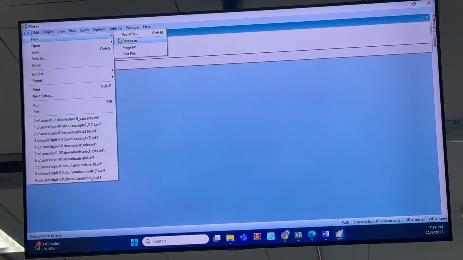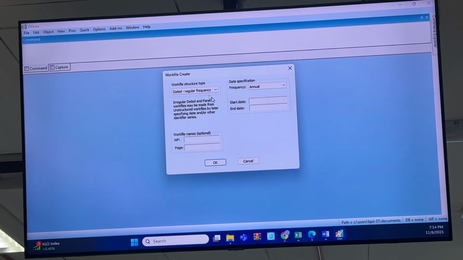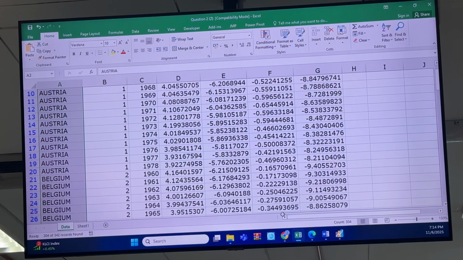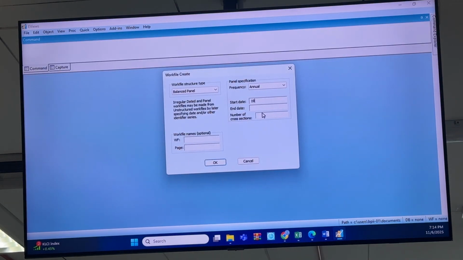Found new workbook, right? I doing planner, right? Yes. Where's my sample size? 1960 to 1978. How many countries? 16.